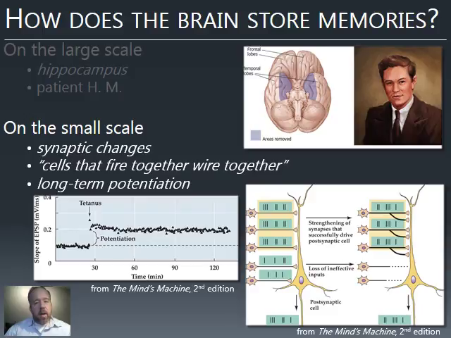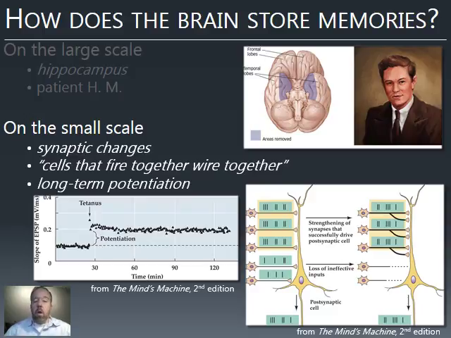However, if they fire together a lot in a short period of time, now when neuron A fires, neuron B's response is bigger. And that's what we see here in this graph, is before they start firing together, it has a certain response level. After they start firing together, then it has a much higher response level. So this is the second neuron's response to neuron A.